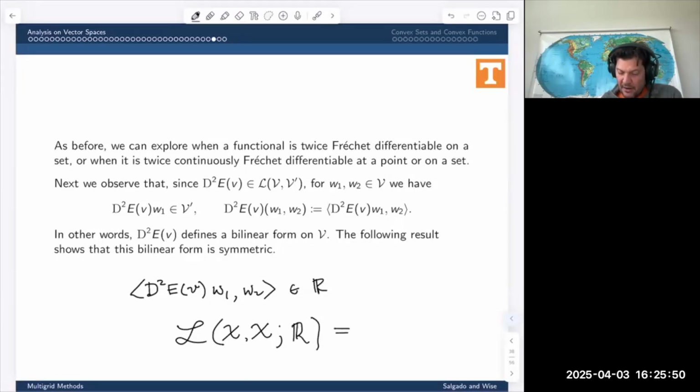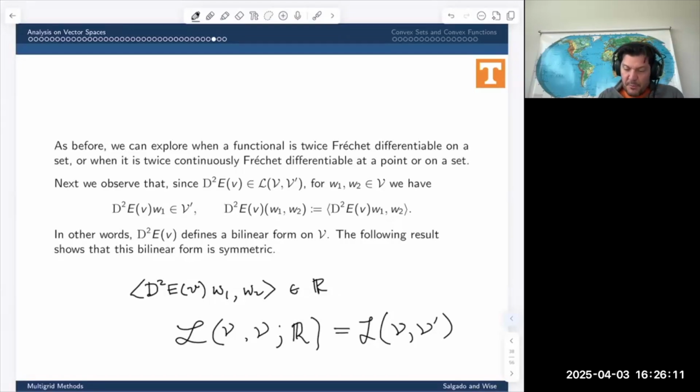This space is entirely equivalent to this space, v prime. Actually, I screwed up here because this should just be, we're not using chi's, we're using v's. Okay.